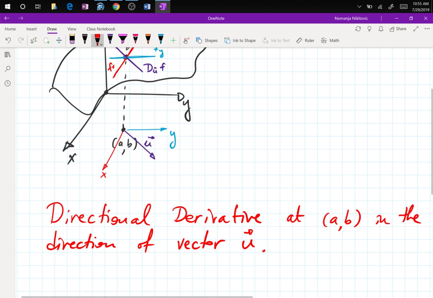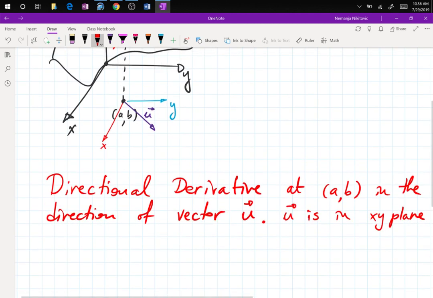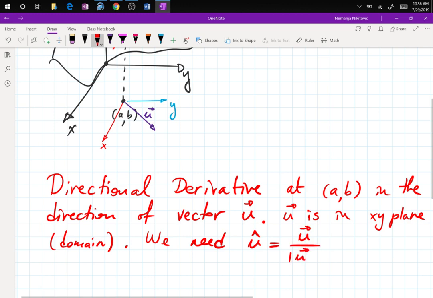Now, vector u is in the xy plane, which is the domain. We need u hat, which is u divided by the magnitude of u.